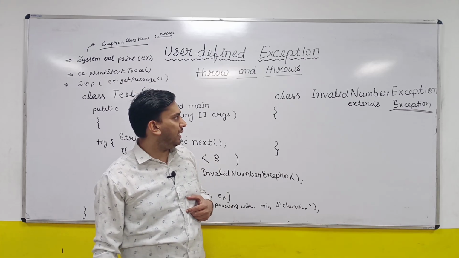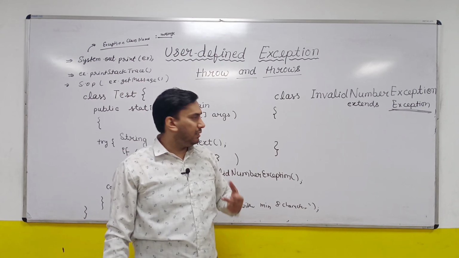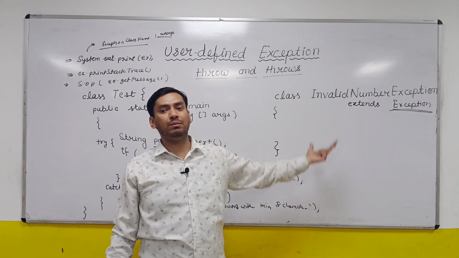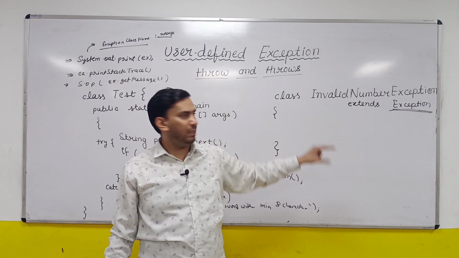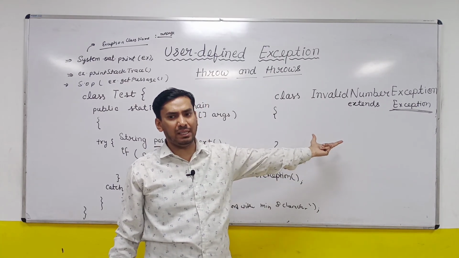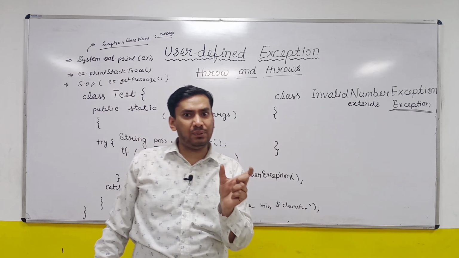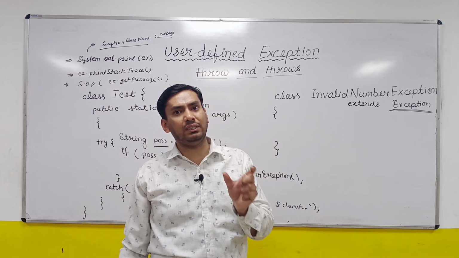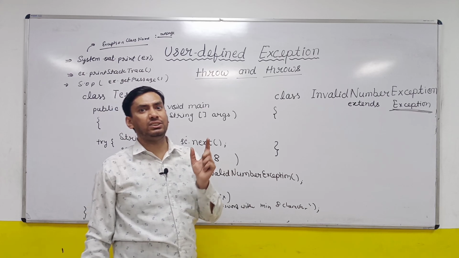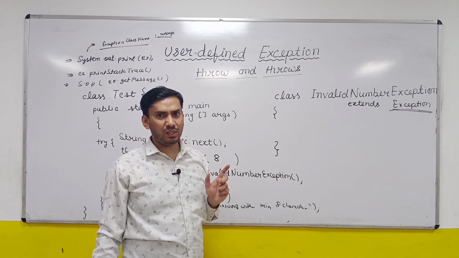So first of all, we have to see how to provide that message attribute. In my class, I cannot assign any message attribute directly, right? If you want to create some message for your exception class, how will you do this? It can be done using the constructor, right?